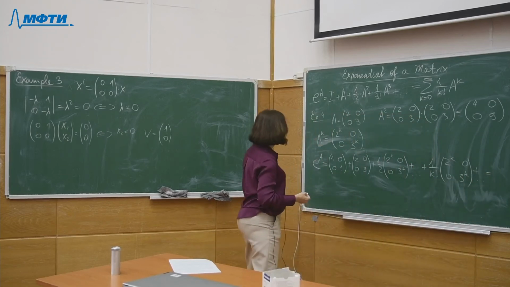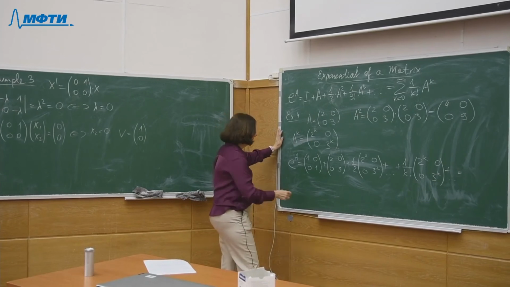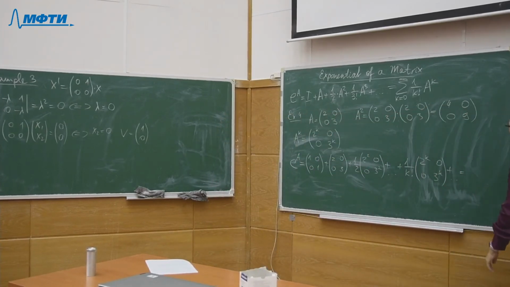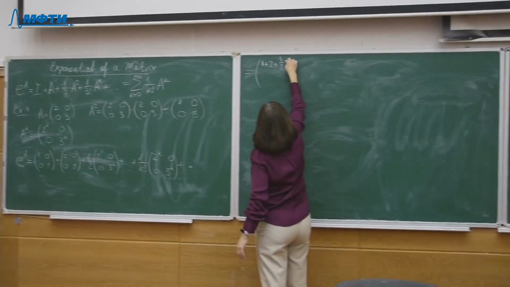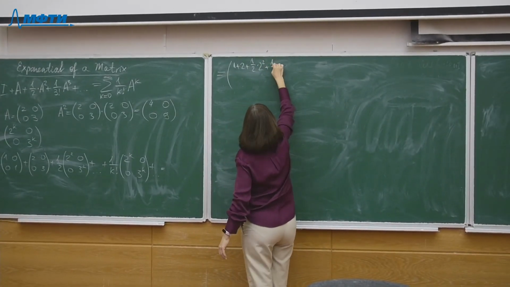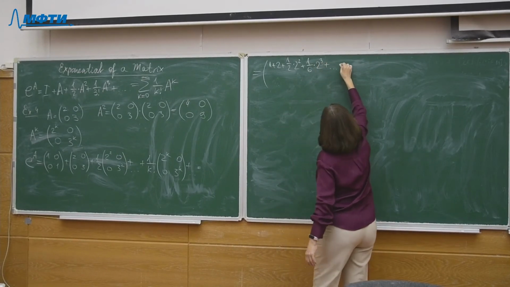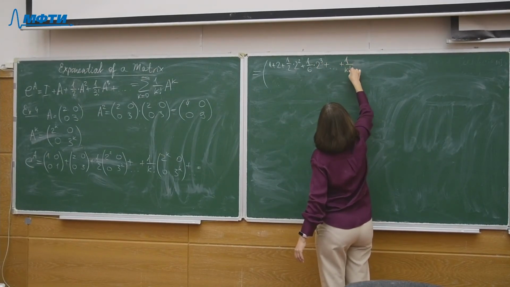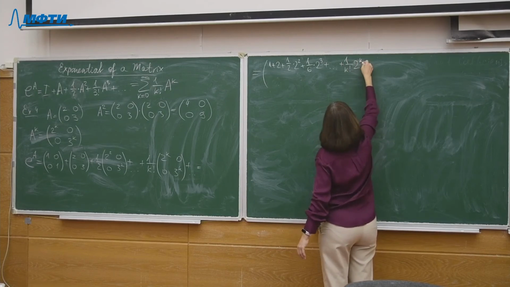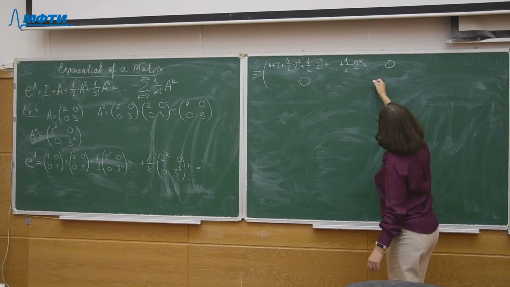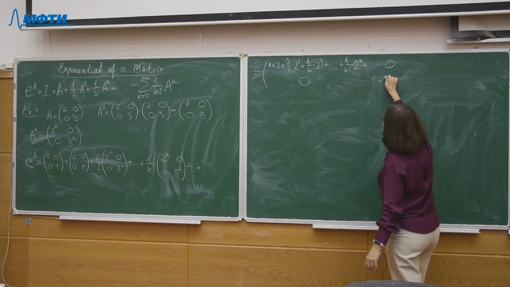What is the result? It will be 1 plus 2 plus 1 half times 2 squared, plus 1 sixth times 2 cubed, plus and so on, plus 1 over k factorial 2 to the power k, 0, 0, and the same for 3.